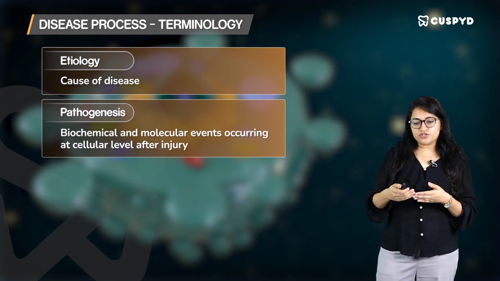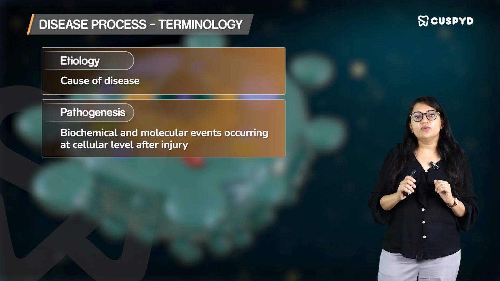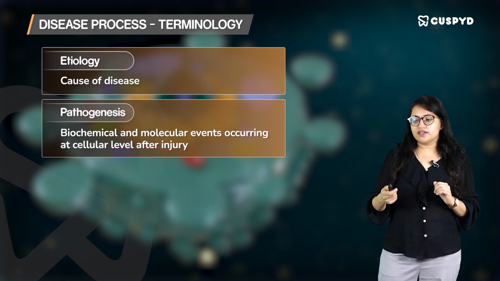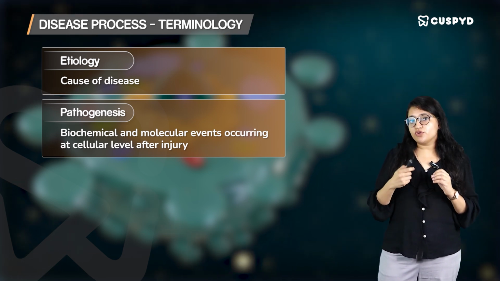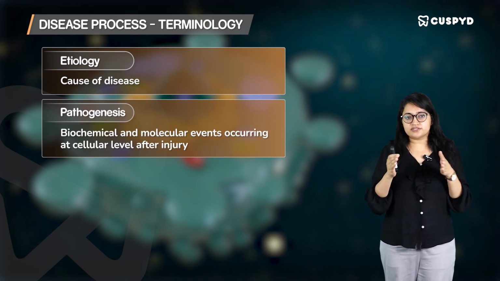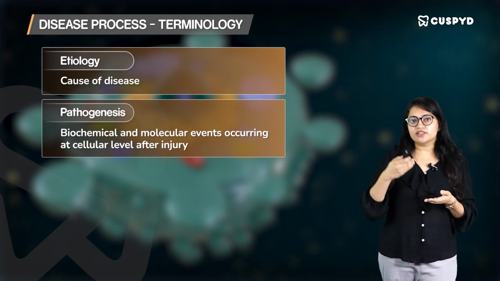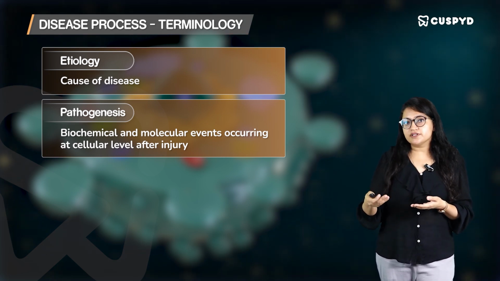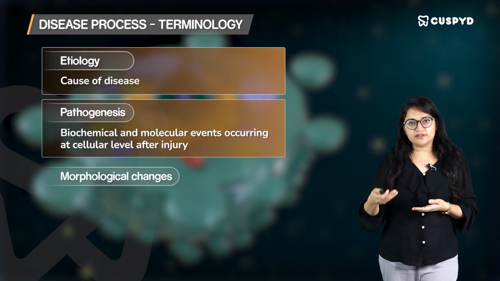Then after this pathogenesis, all the biochemical and molecular events are happening in your cell right now. Later on, these changes are going to create morphological changes in your cell, which we can see under the microscope. Basically, you are studying pathology right now. In pathology, we are seeing all the tissue samples or blood samples under the microscope, so we are studying the morphological patterns of the disease.